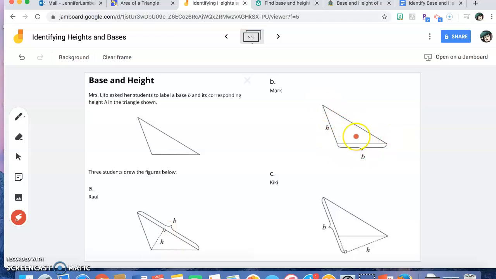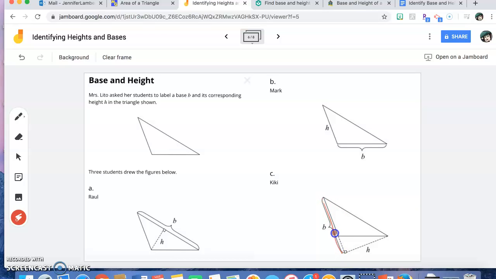Mark is wrong in this choice because B and H don't form a right angle, since you don't see the box there. And Kiki is wrong because B and H... student C is wrong. Sorry, I had to look at it sideways.